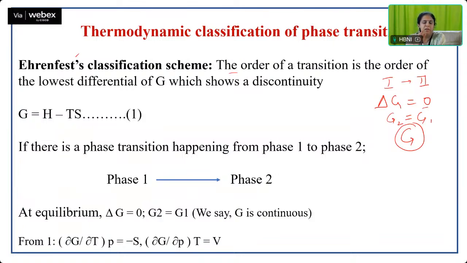Then we call that phase transition a first order phase transition. Now what is the first differential of free energy with respect to temperature?